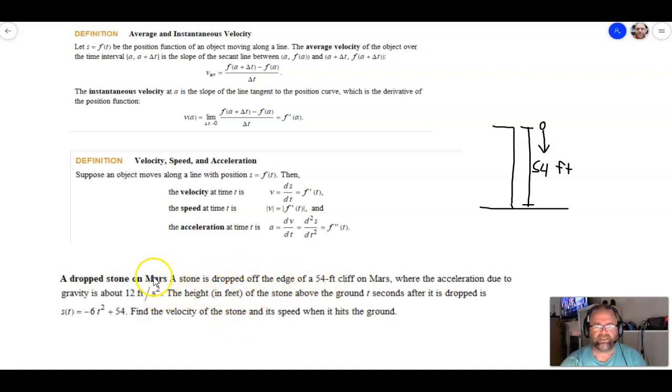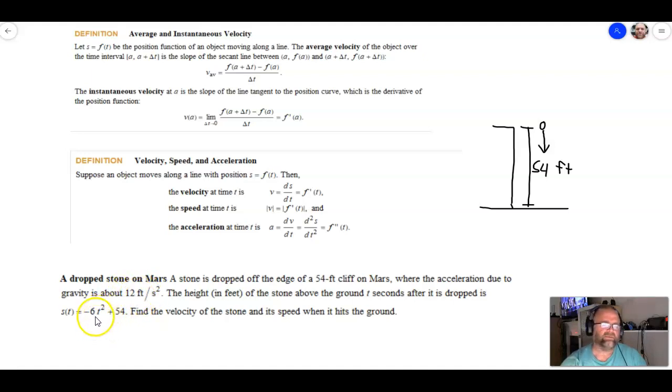Now notice they give us the acceleration due to gravity of about 12 feet per second squared. Initially, it may look like we need to use this value, but it's really just extraneous information. Why? Because here's our position function, and if you take the derivative of this twice to get the acceleration, this is the acceleration that you'll get.